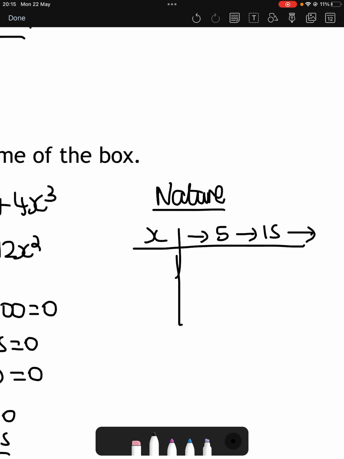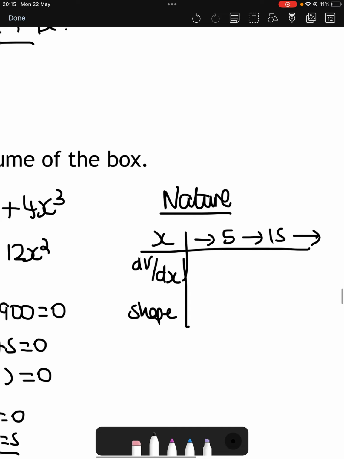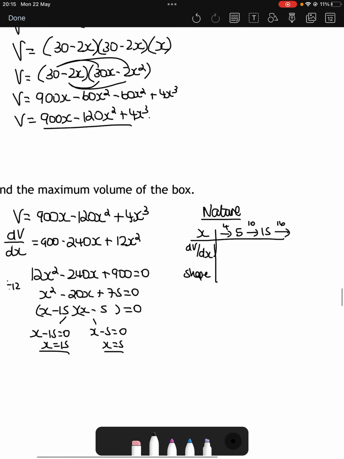We have x. I wrote dv by dx, so I need to put that in there. You could write v dashed of x and shape. Okay, so I'll pick a number between the two of them, and let's just pick 10. Now again, we're going into dv by dx, which is this one here. Don't write down what the number is. You're just going to put it in your calculator. And you are just going to check which one gives us a maximum volume.